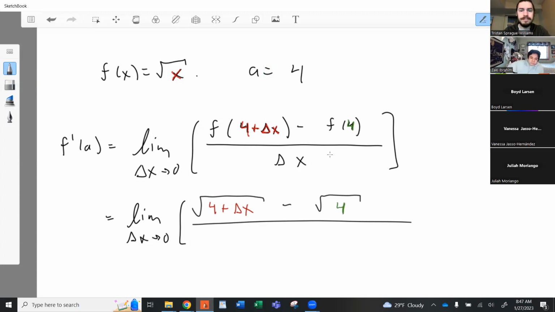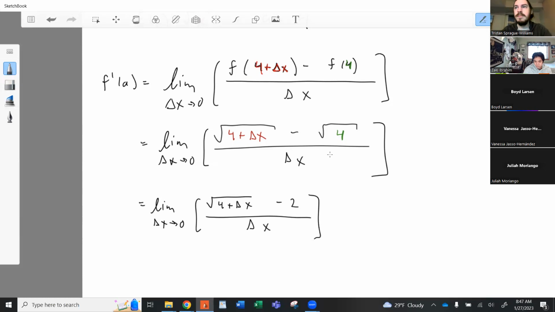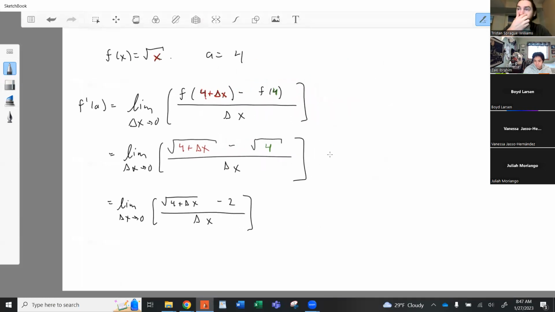Like that. And that's all over delta x. Does this look sort of familiar? I'm going to put a dot, dot, dot to indicate that we can continue working on that.